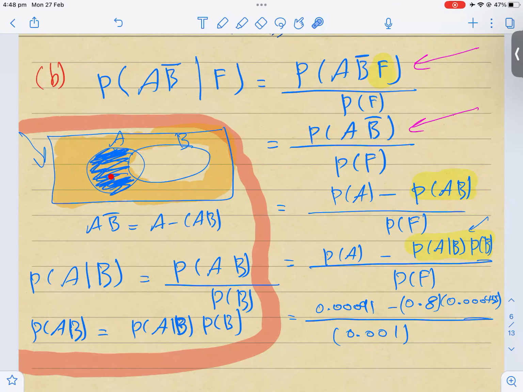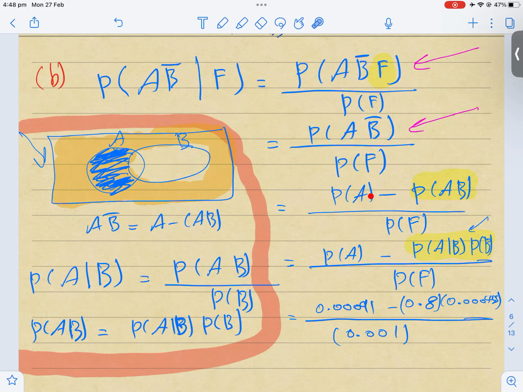But from this Venn diagram, I'm able to write probability of A minus probability of A intersection with B: probability of the whole of this minus probability of this little thing. Since they are separate, I am able to write this subtraction.